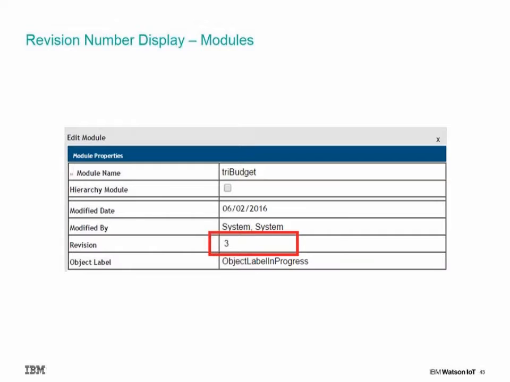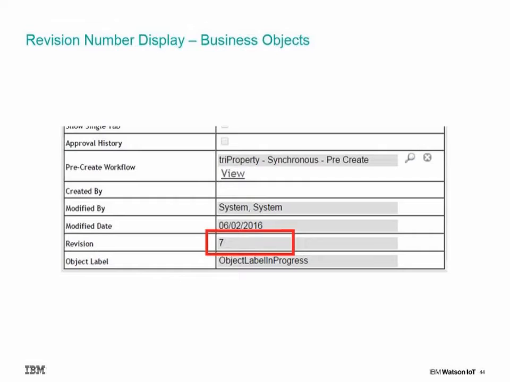So this slide shows the revision number on the module definition. Here you can see it's revision 3 of this tri-budget module in the screenshot. So for business objects, they're displayed on the business object definition.